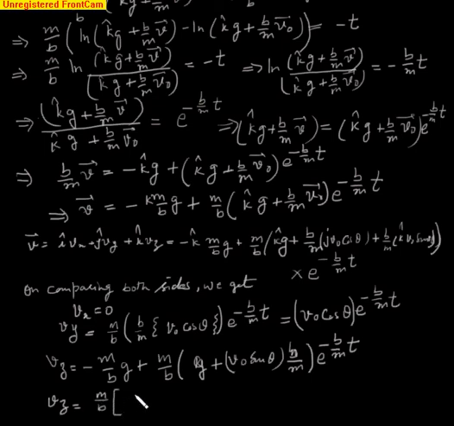So I will write m over b common here, and inside I am left with minus g first of all, plus, as m over b goes out, I am left inside the bracket with g, plus b over m v naught sine of theta. Then I will close the bracket and multiply by e to the power minus b over m into t.